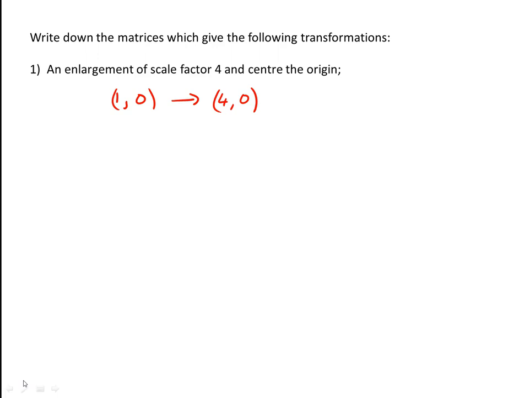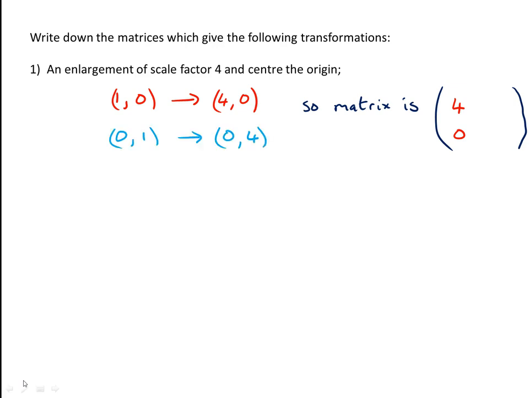And that means that the first column of the matrix must be 4, 0. And if we're doing an enlargement of scale factor 4 and centre the origin, then the point 0, 1 is mapped to the point 0, 4. So 0, 4 must be the second column of our matrix.